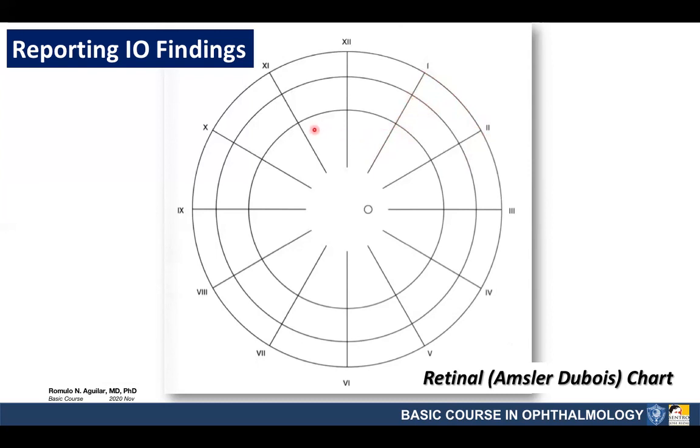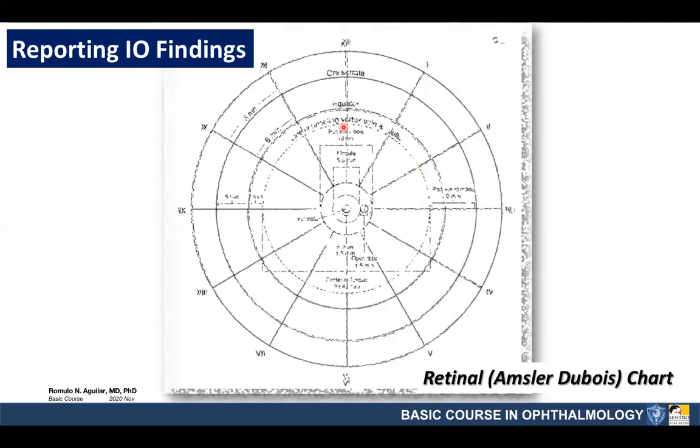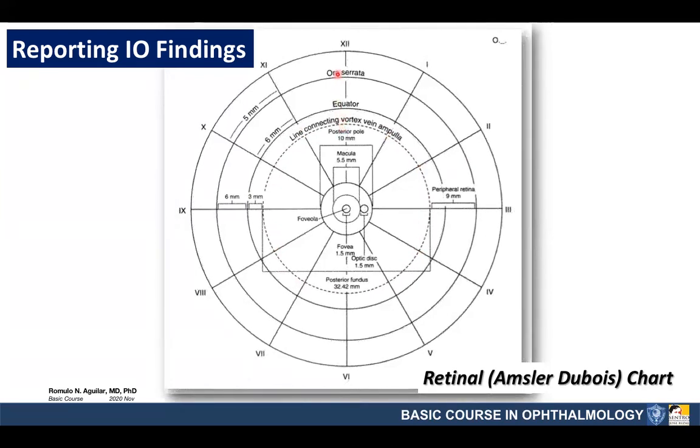Now, you can have an imaginary circle here, just inside the innermost circle, which would connect the ampullae of the vortex veins. And that would define your posterior pole. So let me superimpose this one. Again, ora serrata is the second circle.